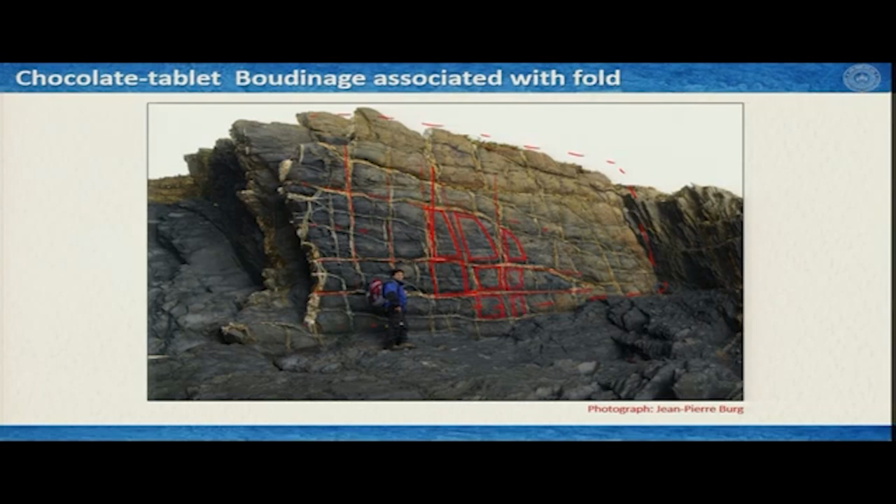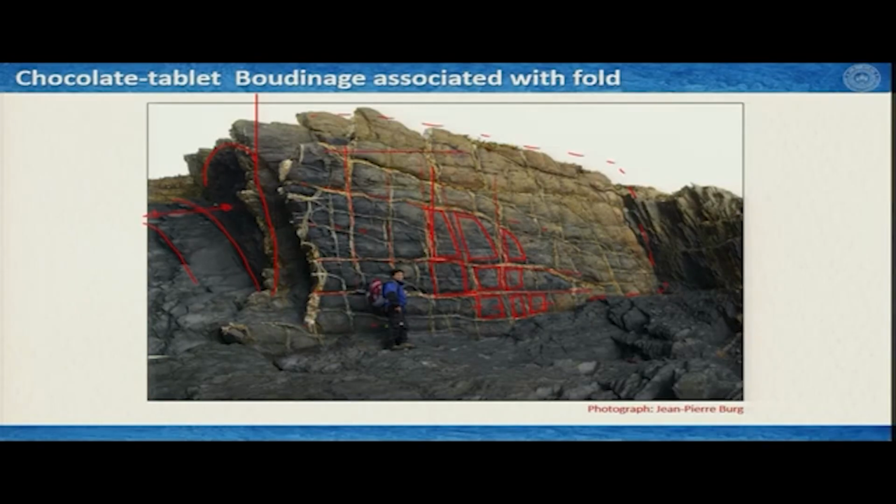And if you are not convinced that this is a fold, I would like to request you to see this side. You see that this is going like this and coming back like this. The fold axis or hinge zone is actually exposed here. So, this is how it happened.